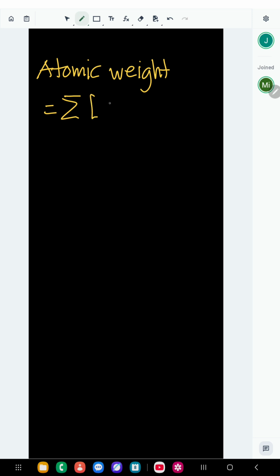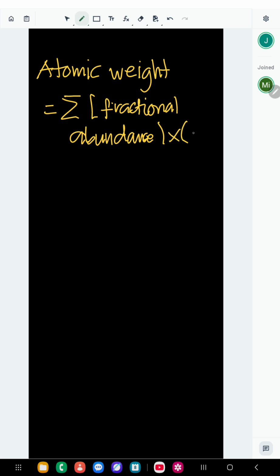So the atomic weight is just equal to the summation of the product of the fractional isotope abundance times the mass of the isotope.